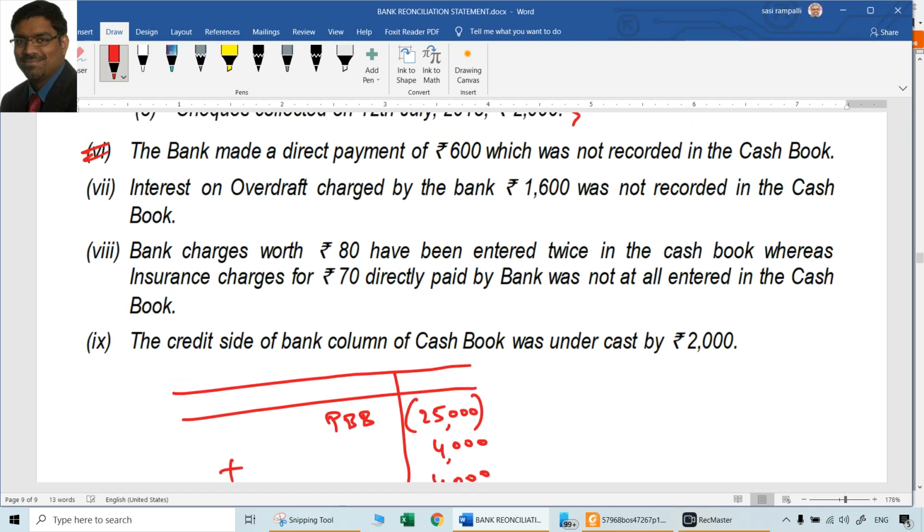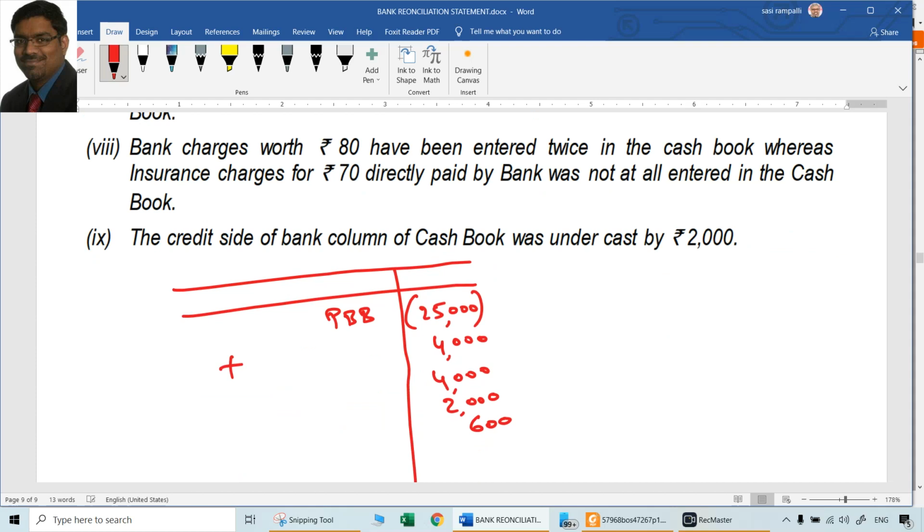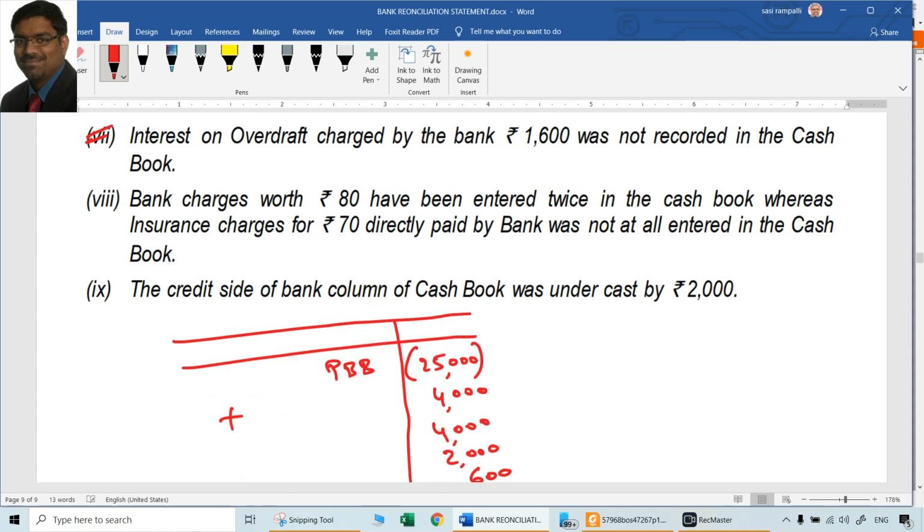Okay. Next, interest on overdraft charged by bank 1,600 was not recorded in cash book. We cannot rectify anything because we are not preparing any revised cash book here. But yes, there will be a difference between passbook balance and cash book balance. Because of this, bank recorded this. When bank recorded this interest on overdraft, bank would have debited the passbook because it is a withdrawal. Because of the withdrawal, bank balance as per passbook is already lower. So what we have to do?